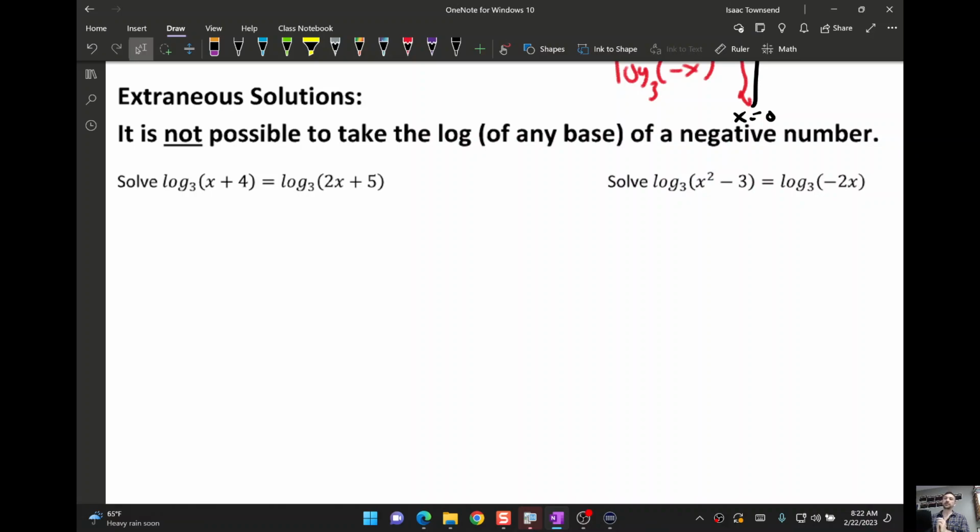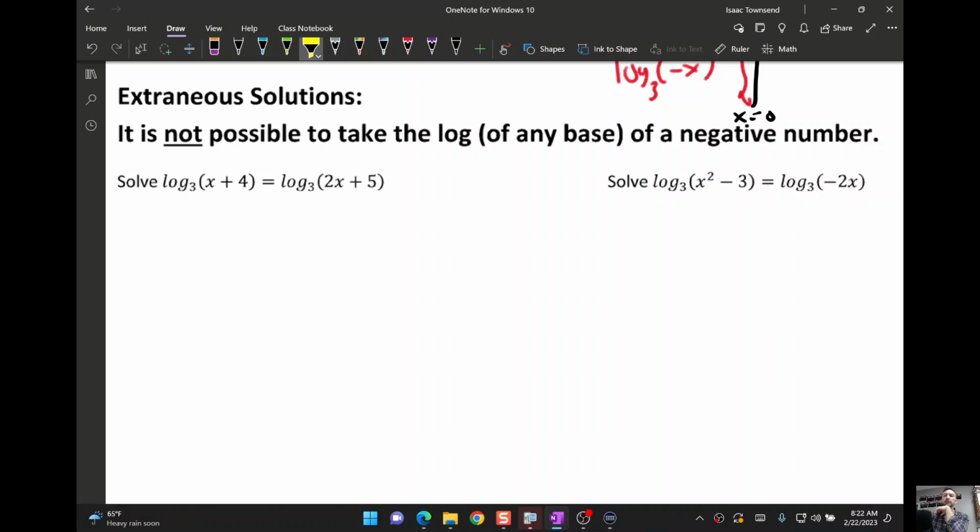Okay, and then to finish up, we will have you start to solve some equations, but we really get deep into solving equations in section 3.4. 3.4 is the last section of logarithms that we do, and it's all about solving equations. That's the only thing you do in 3.4. But in the meantime, we have some easier ones set up for you.